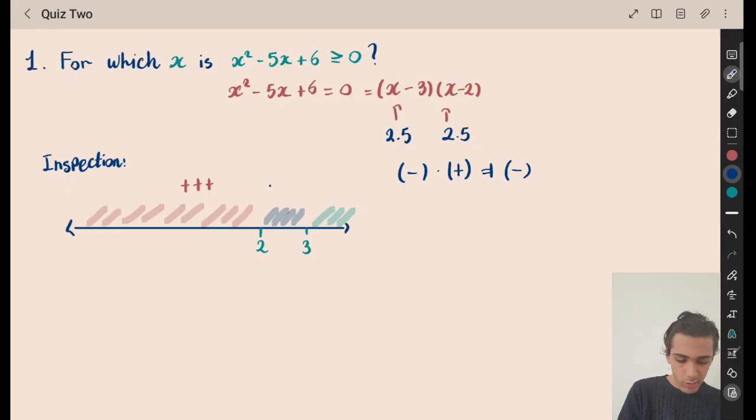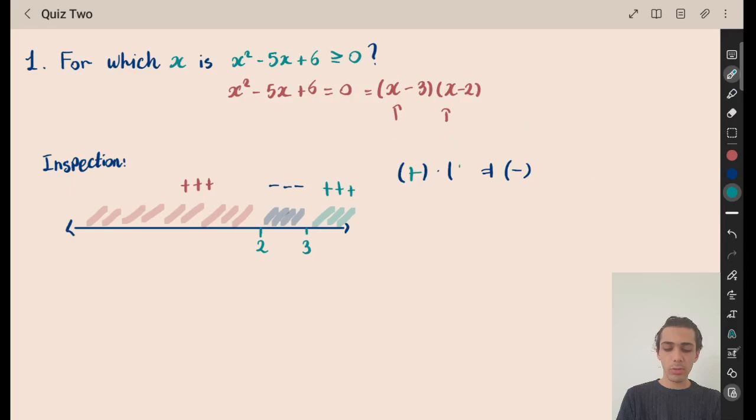And indeed, the function changes its sign between 2 and 3, because one of them is negative and one of them is positive. The last one will be positive, because if it's greater than 3, then it's greater than 2, and both of them are positive. The numbers are just numbers to test, but you don't really need the numbers. Okay, so now we know how the function acts.